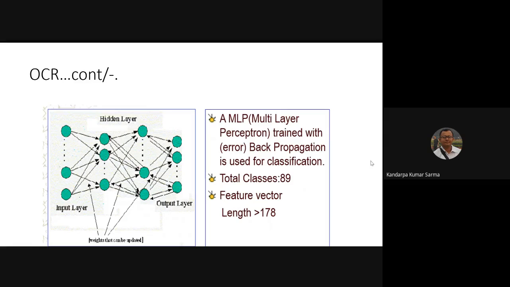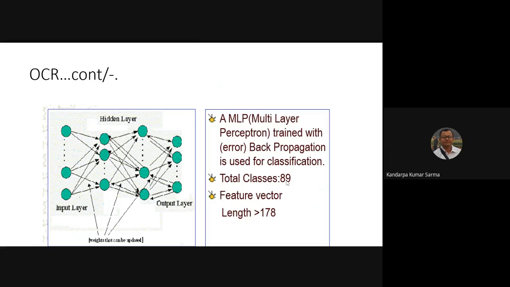For this particular case, we have shown a big set of classes. This may not be the limit. You can have more classes, 100 classes, 500 classes. There is no such limitation. But previously people followed a norm that for one class you need a minimum of two features.